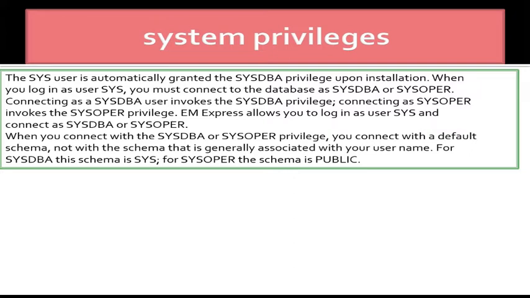When you log in as user SYS, you must connect to the database as SYSDBA or SYSOPER. Connecting as SYSDBA invokes the SYSDBA privilege. Connecting as SYSOPER invokes the SYSOPER privilege.